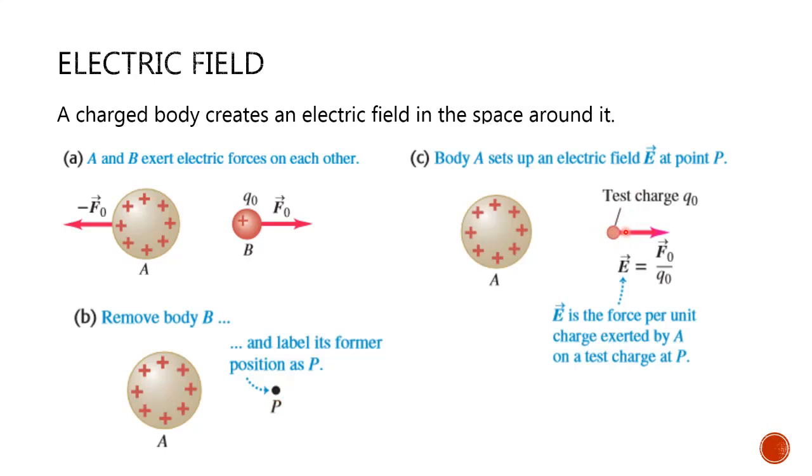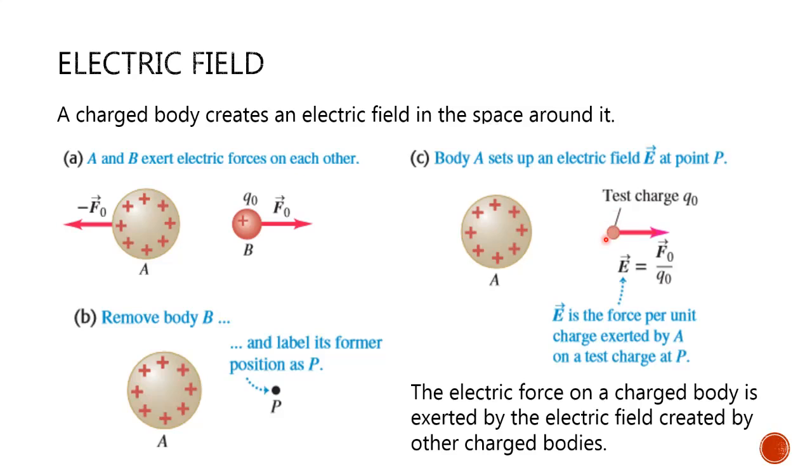If we remove particle B, they observed that there is a force exerted by A on a test charge Q sub O at point P. This force is what they call the electric field.